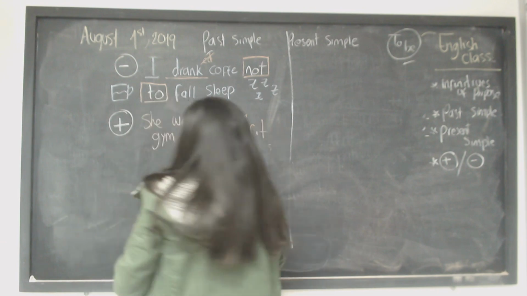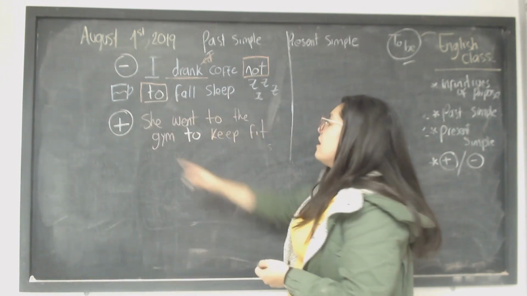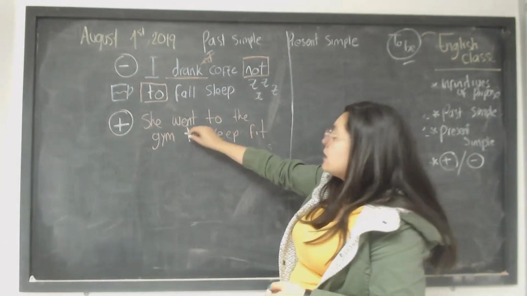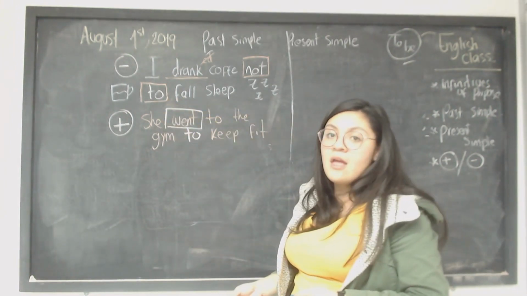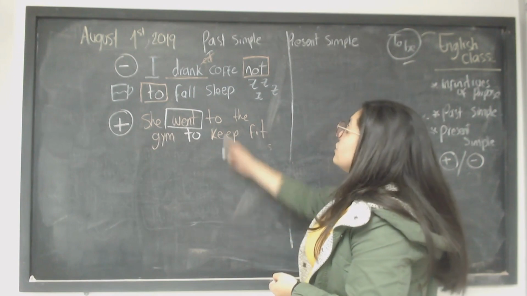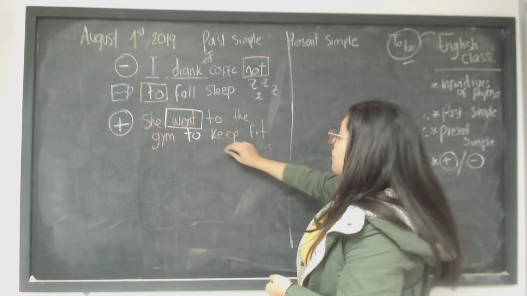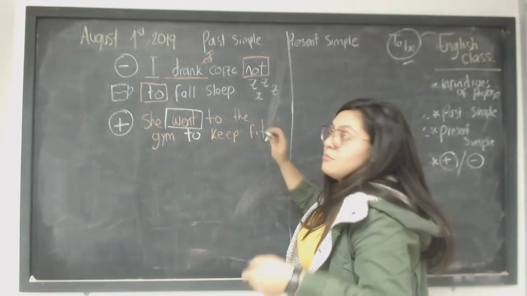Okay, so let's analyze this one. She went to the gym. She went, an irregular verb in past simple, verbo irregular en pasado simple, to the gym. Ella fue al gimnasio para mantenerse esbelta o para mantener la figura.